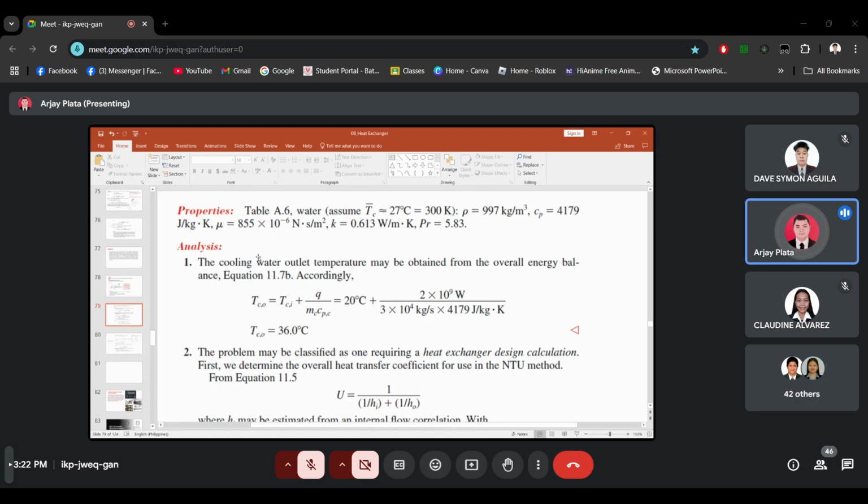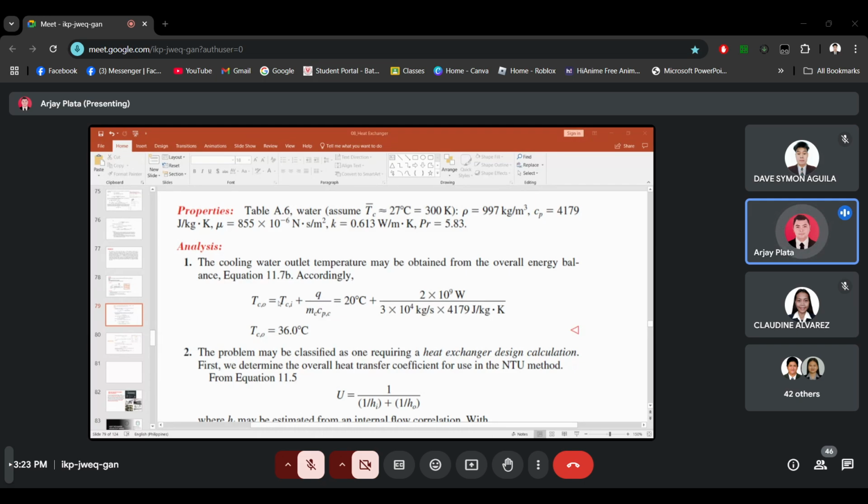So the cooling water outlet temperature may be obtained from the overall energy balance equation. I think you're very familiar with the equation Q equals m Cp delta T. From that, we can calculate the temperature of the cold fluid coming out, or T_co. So what will be our equation? T_co equals T_ci plus Q over m_c Cp_c: mass flow rate of cold fluid, Cp of cold fluid.